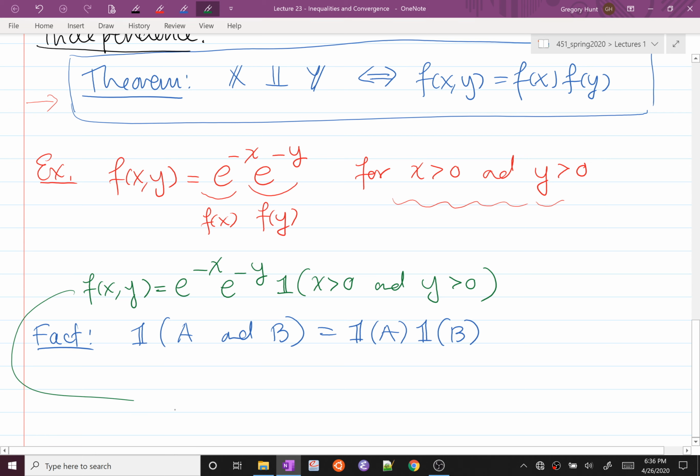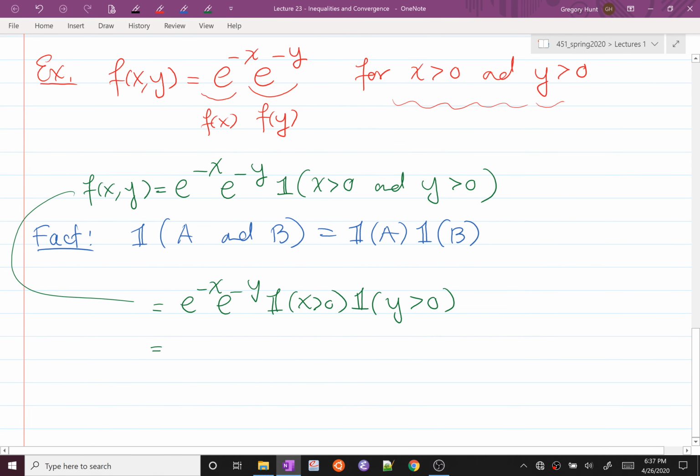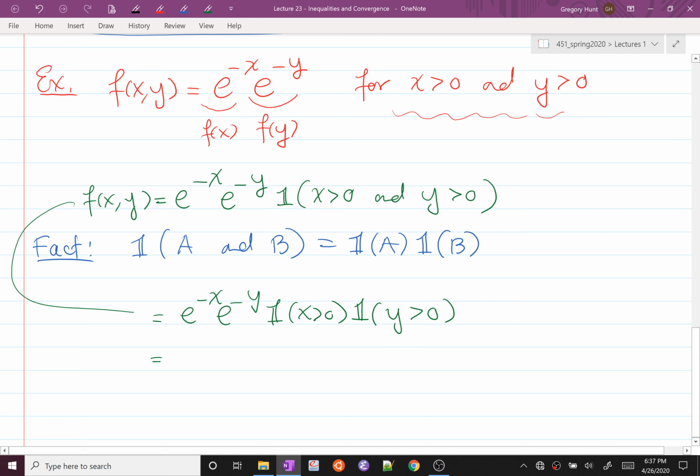So I can rewrite my joint PDF as e to the negative x, e to the negative y, indicator that x is bigger than 0 times the indicator that y is bigger than 0. And now it's very easy to see how I do my factorization.